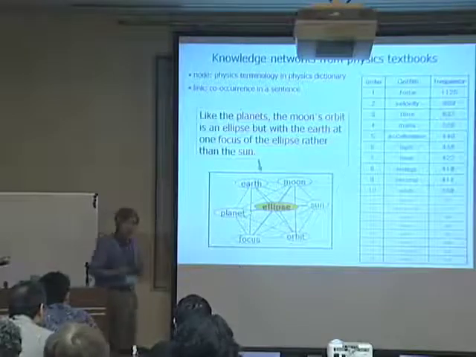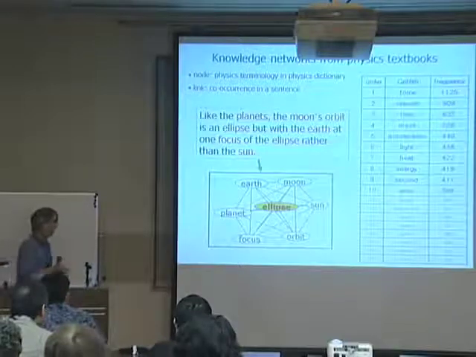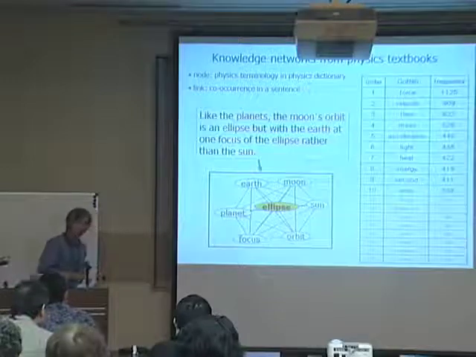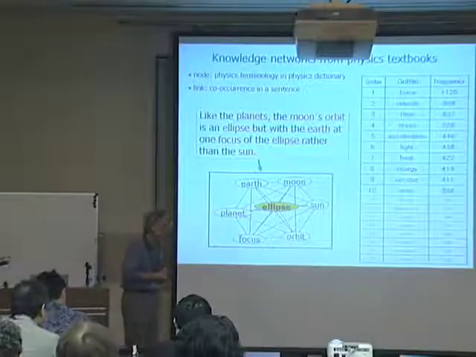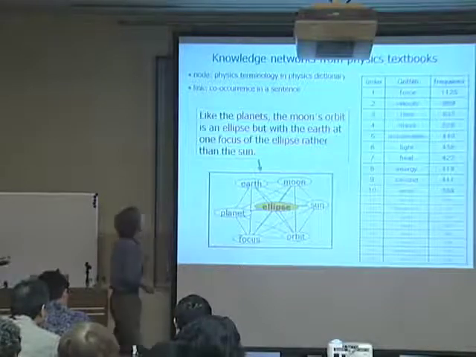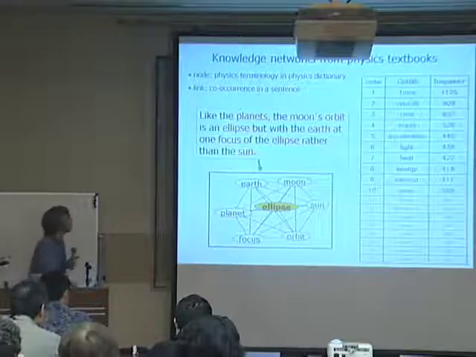To construct the network, we need a node and a link. A node corresponds to a physics term appearing in the textbook. Of course, we are limiting to the terminology listed in the physics dictionary. In the case of a link, it is quite controversial.